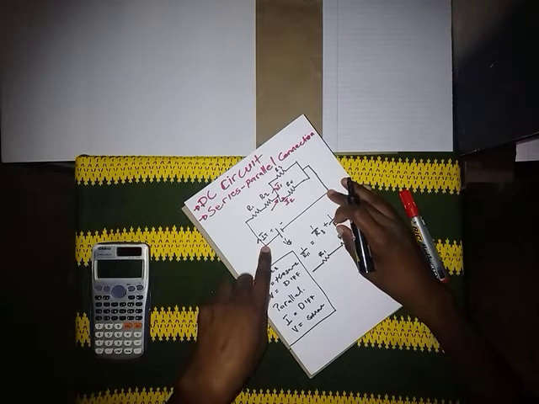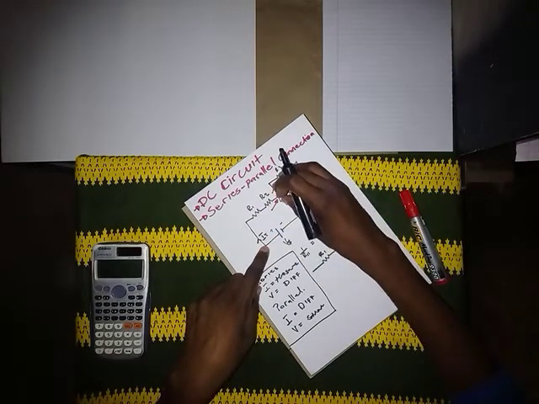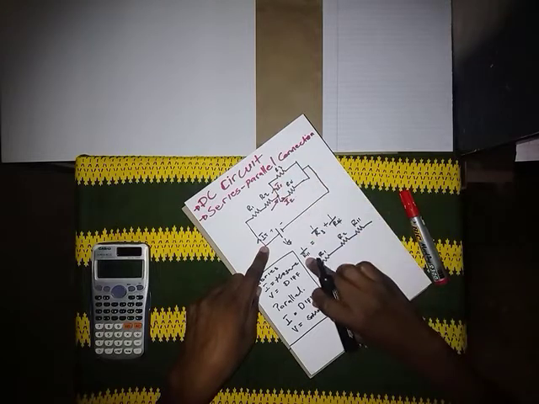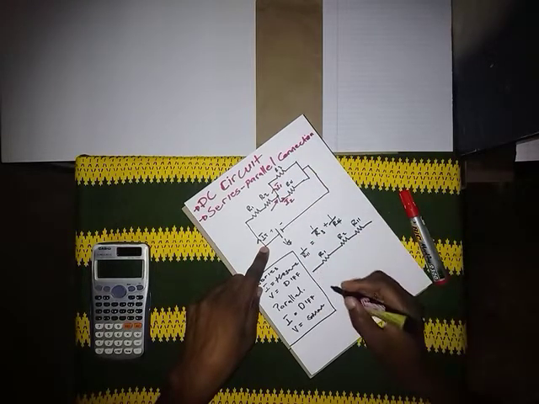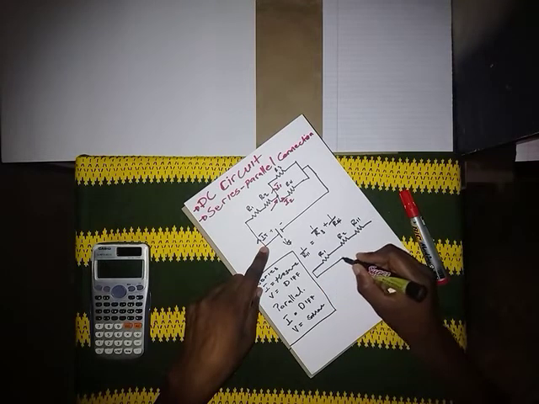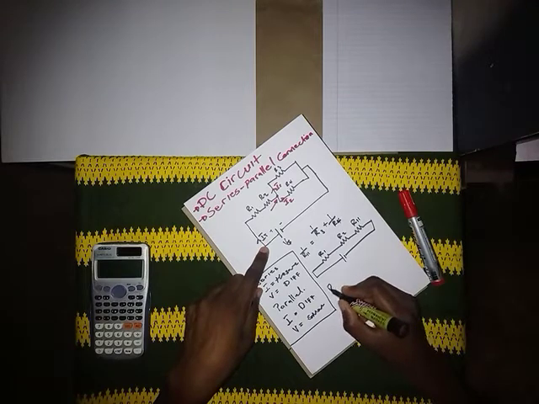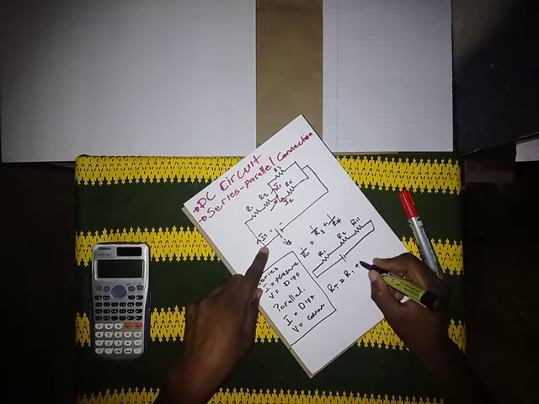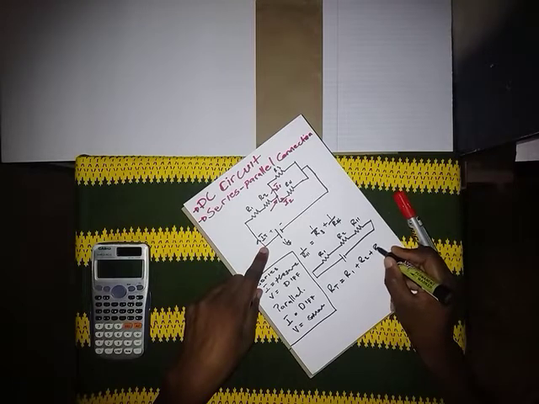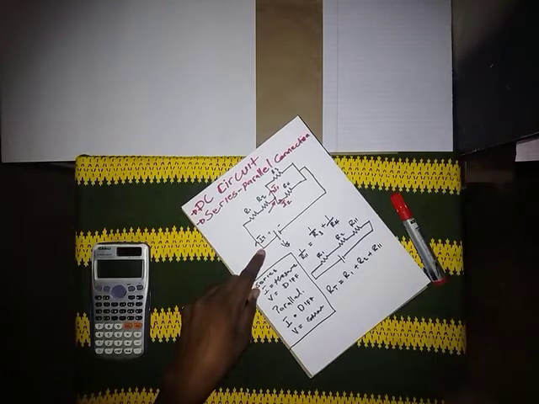The battery now is going to see three resistors: 1, 2, and the combination. The combination of both is the parallel, so it's going to give you something that is series now. And if you have a series circuit, it's simple to get RT. You just have to add it. It's going to be R1 plus R2 plus R parallel. You'll see how easy this is.